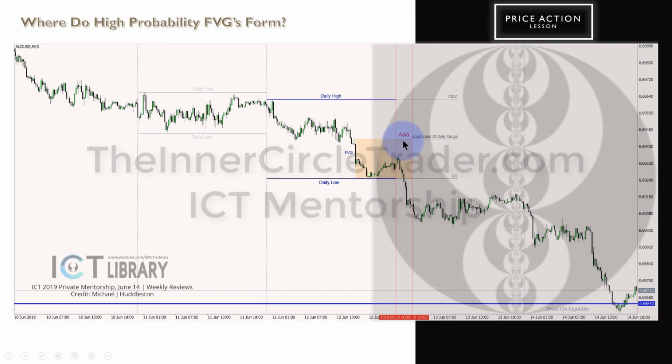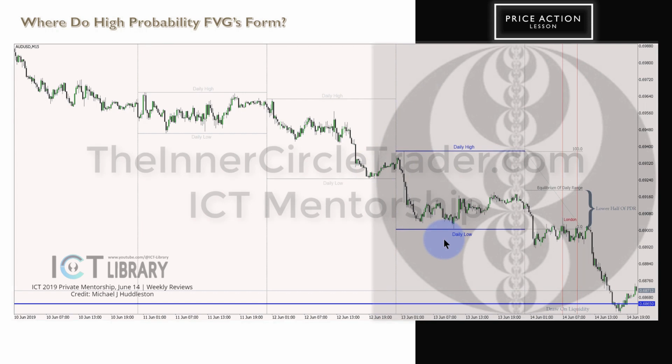Now, if we know that is the rules, same thing applies here on Friday. We have previous day on Thursday, the daily low, the daily high. Let's split that range in half. Then we have equilibrium of the previous daily range.